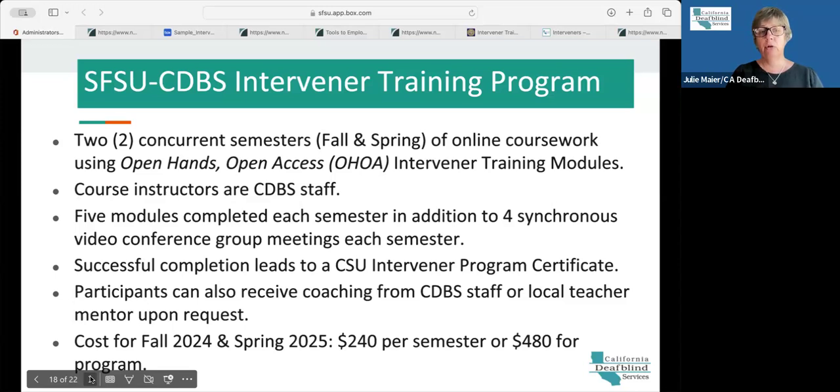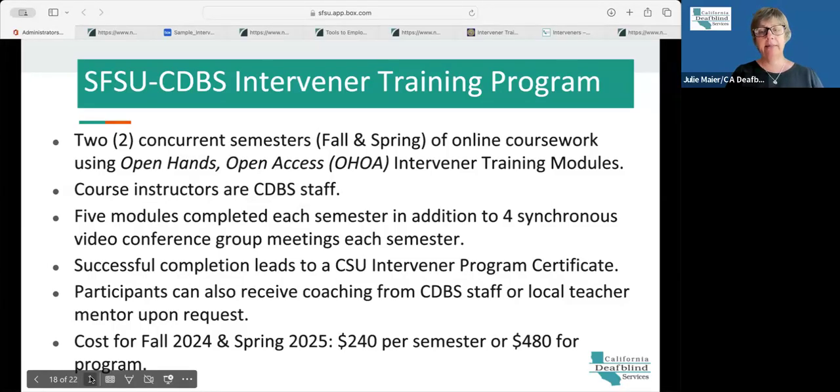So there are 2 semesters. The cohort always starts in the fall. So the next cohort will be starting at the end of August 2024. They complete that 16-week course, and then they take a spring course.